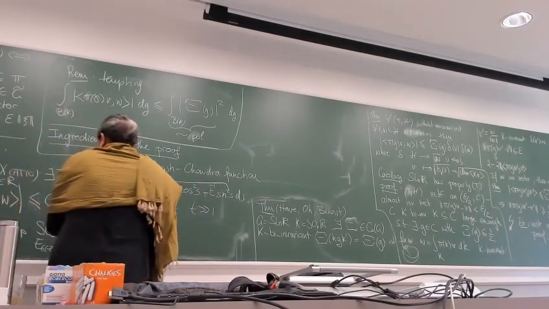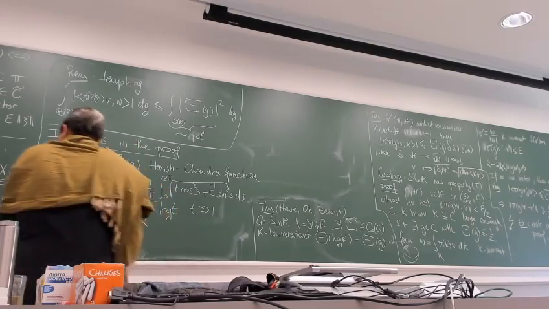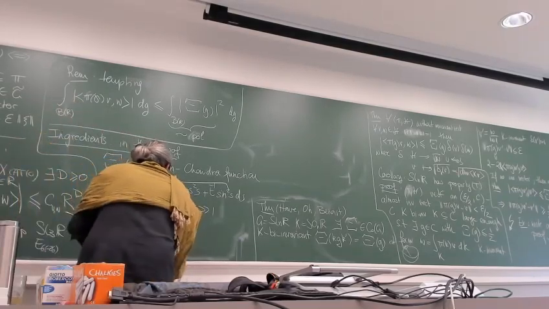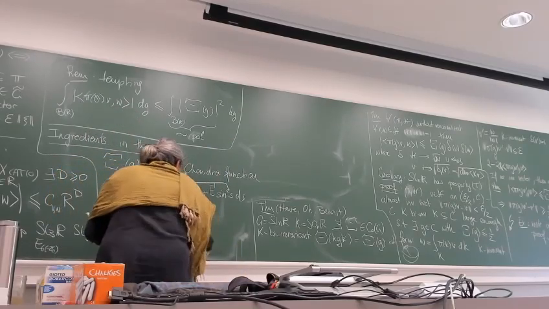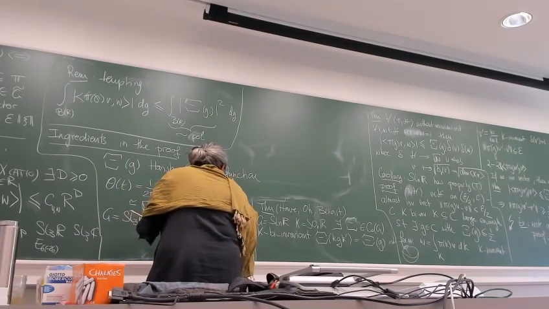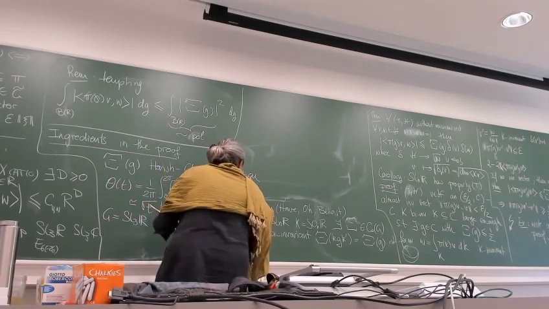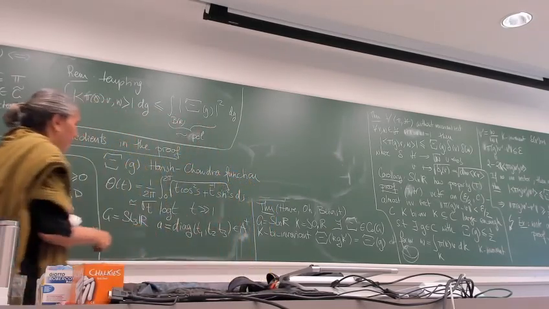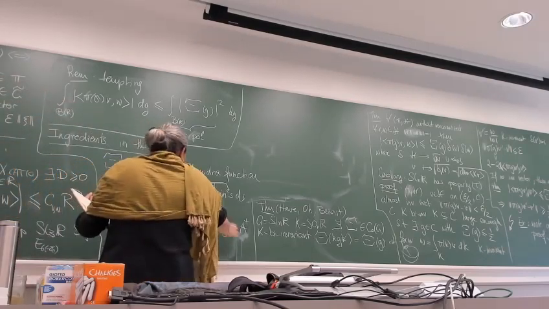And in the case where G is SL3R, then you have A, which is a diagonal matrix, diagonal T1, T2, T3 in A plus with product equal to 1.